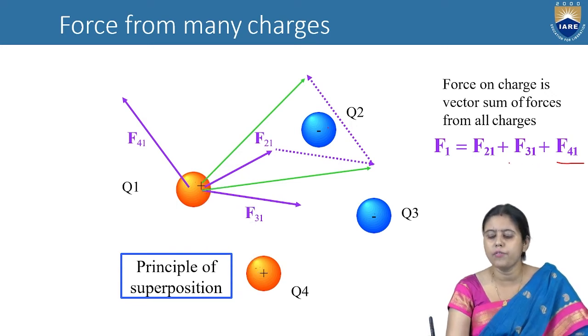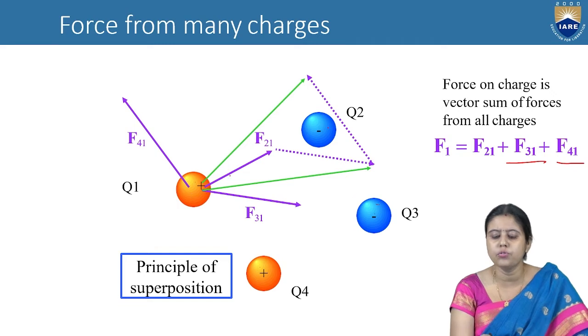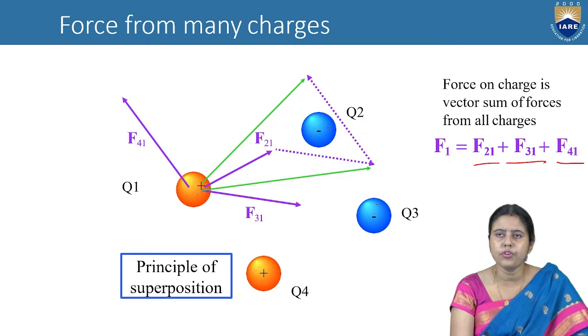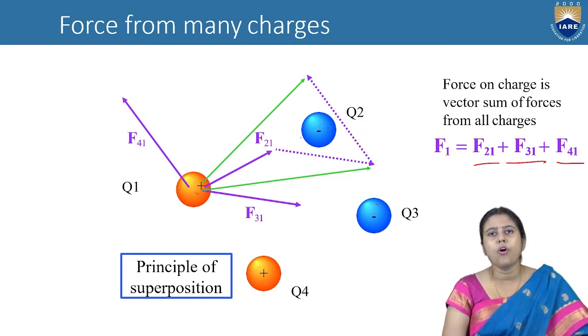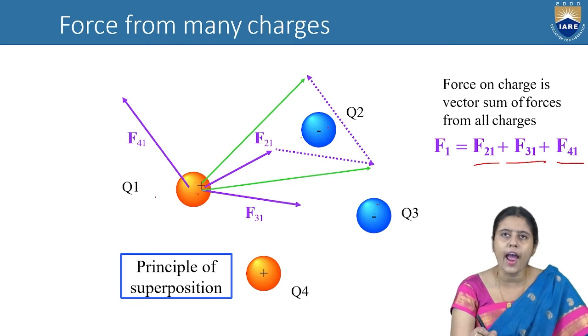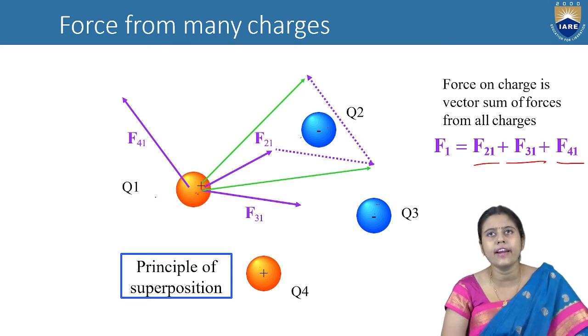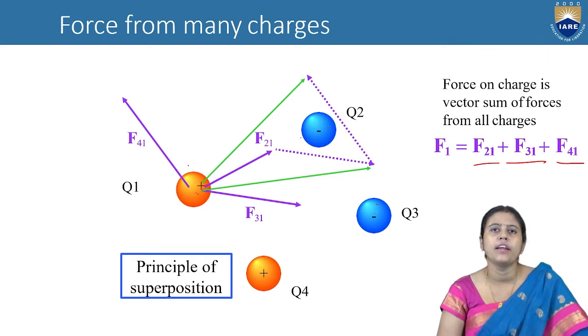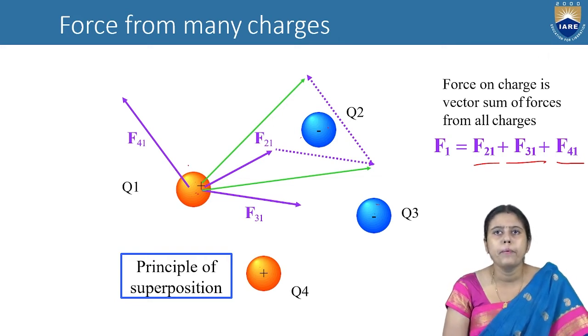What is the meaning of force 31? The force on 1 due to charge 3. And force 21 is the force on 1 due to charge 2. All the forces are added and we get the force on the first charge Q1. This is known as the principle of superposition.